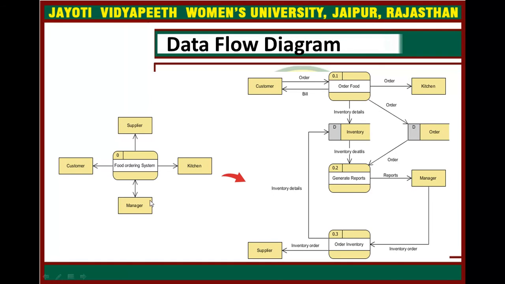If you want to elaborate this DFD, we have to specify the different levels. This is the level 0, this is the first level, this the second level, and this the third level. So if you go into detail, then you have to create the different levels of DFD.